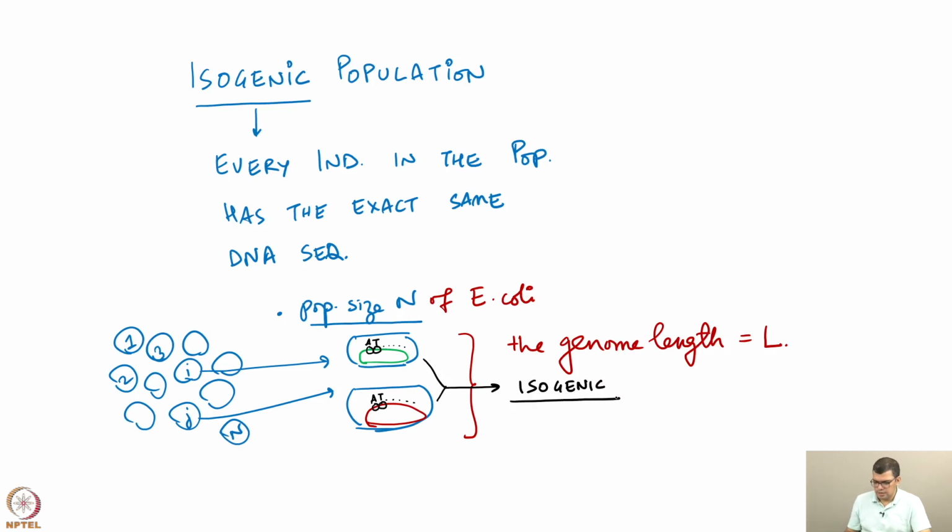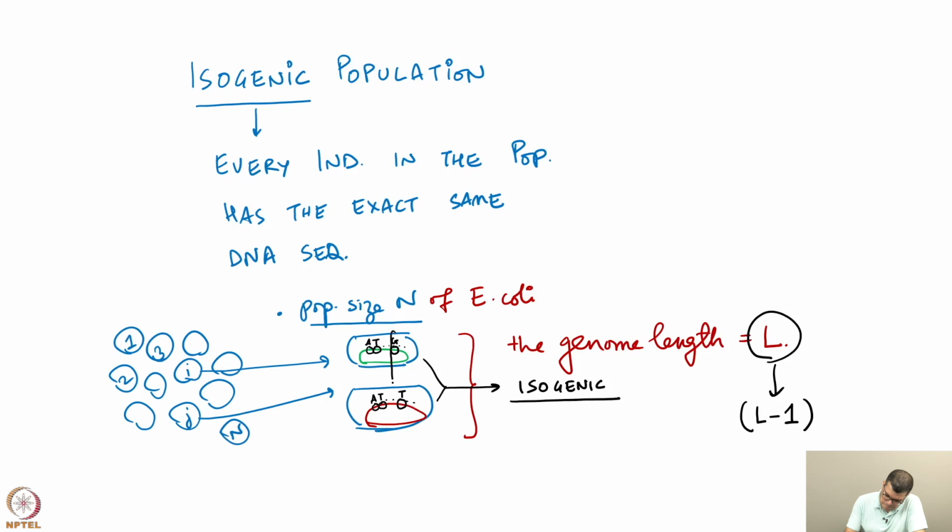On the other hand, let's imagine that in this genome length L, these two sequences match at L minus 1 positions, but there was this one position where there was a G here, but in this particular individual, there was a T here.